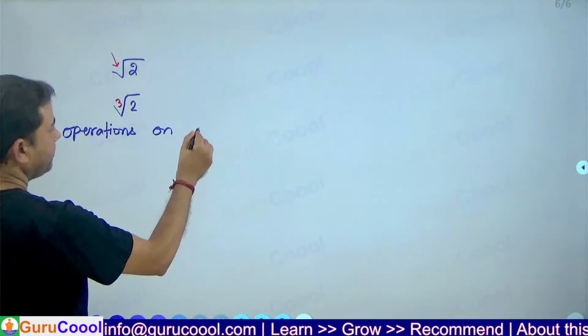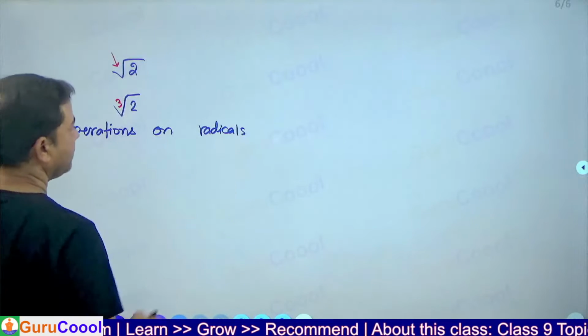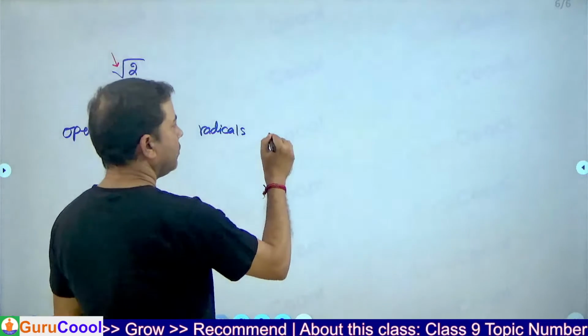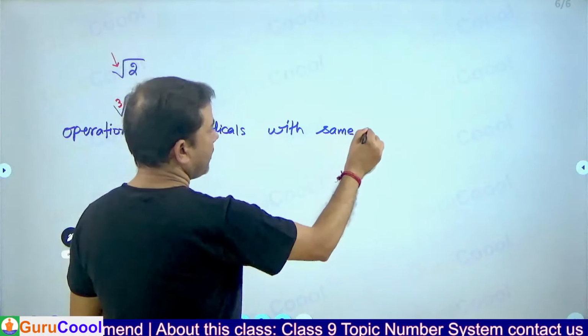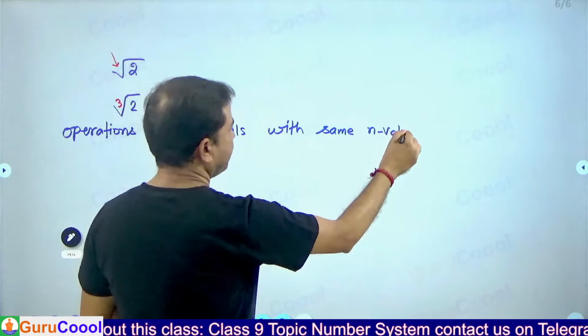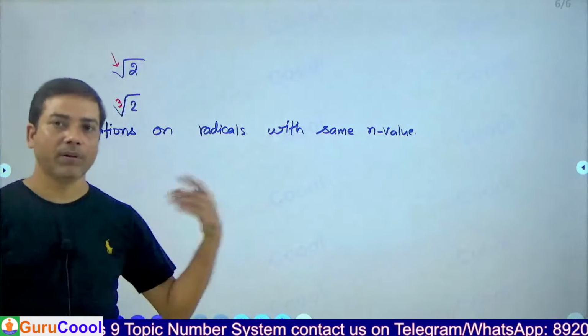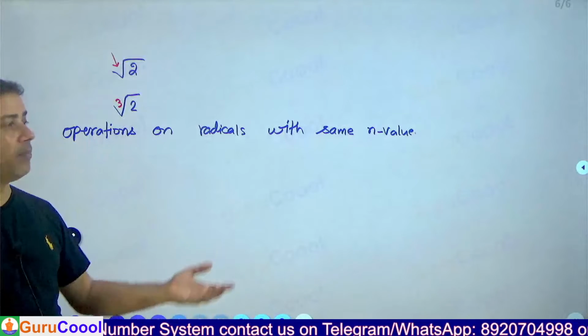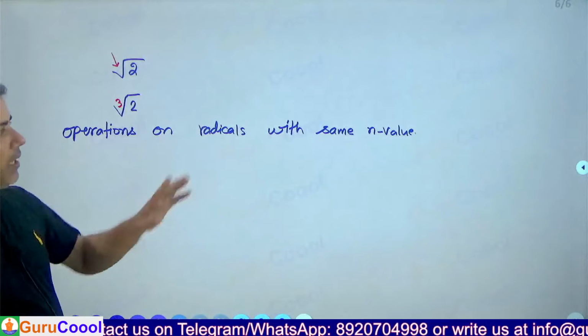Operations on radicals with the same n value, like both of them may be a square root, both of them may be cube root, both of them may be fourth root, etc., whatever, but the same n value.